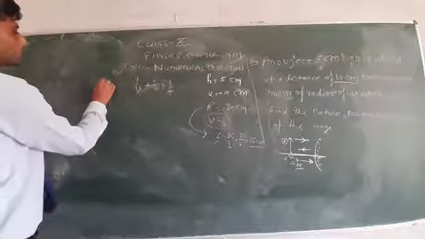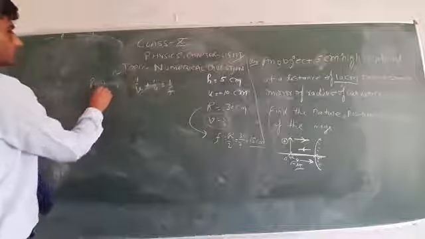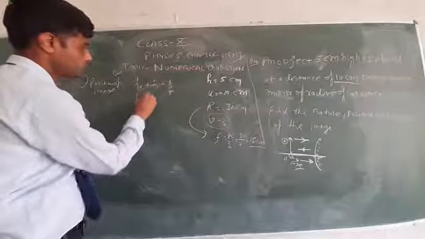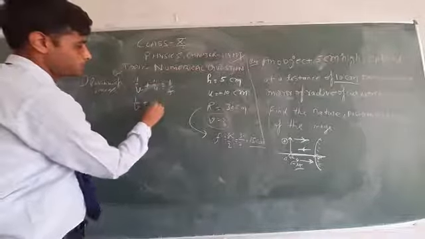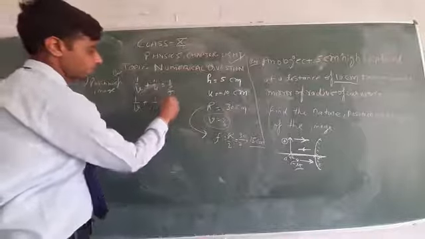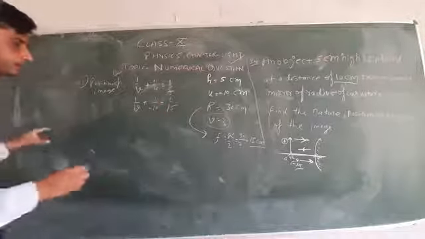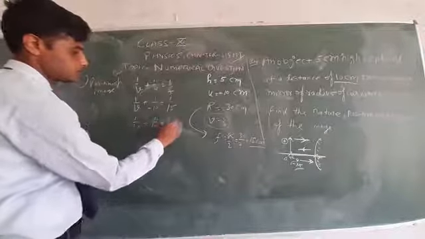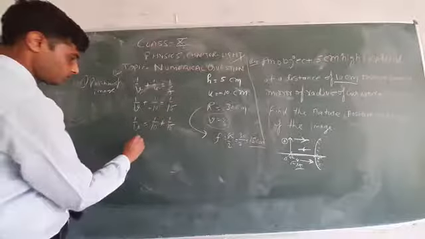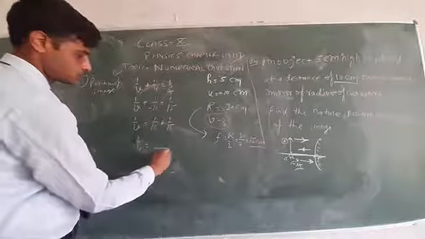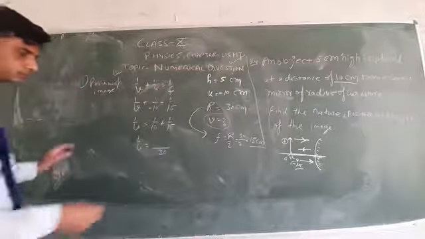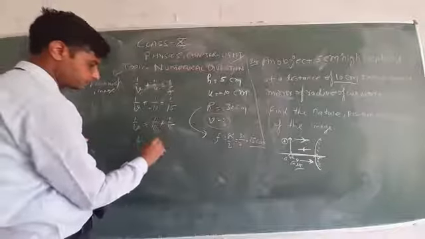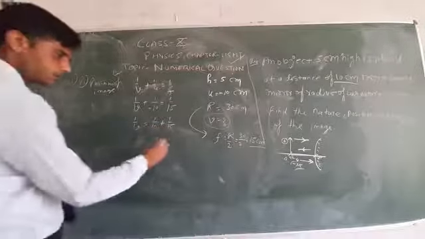First we have to find position of image. So by putting the value u minus 10 and f is 15, 1 upon v equal to 1 upon 10 plus 1 upon 15. The LCM is 30. 30 divided by 10 is 3, and 30 divided by 15 is 2.